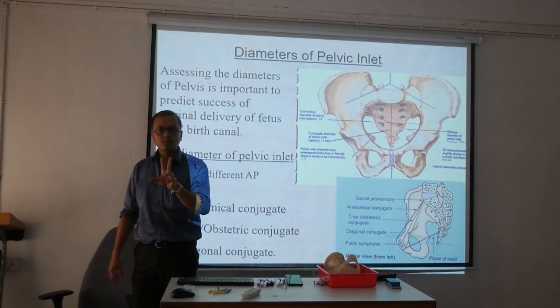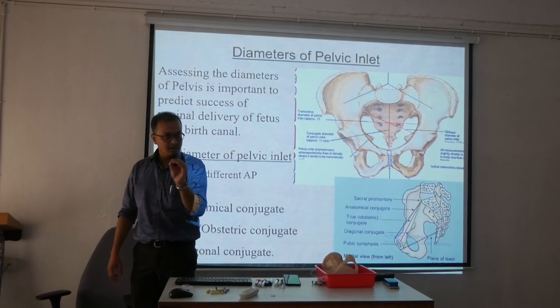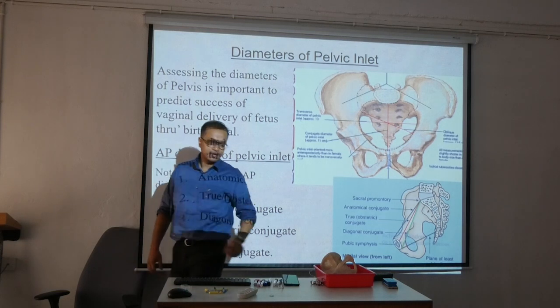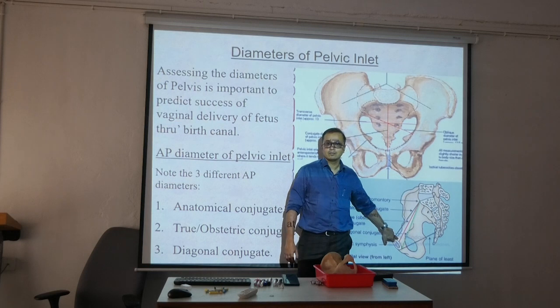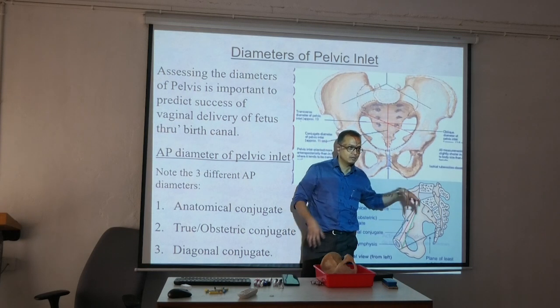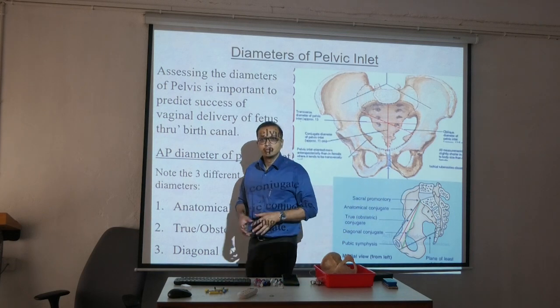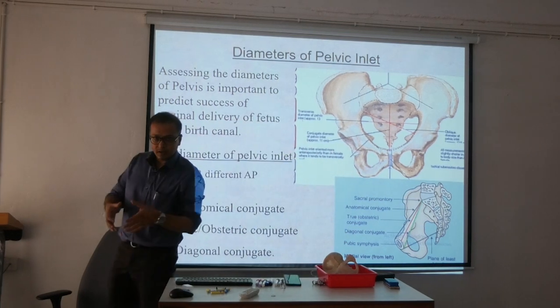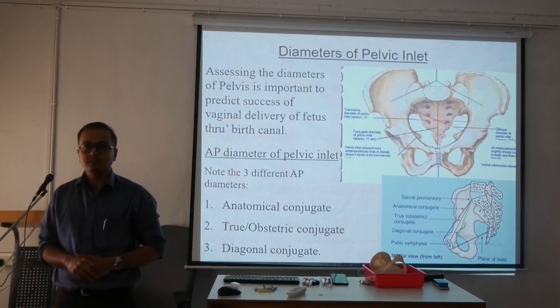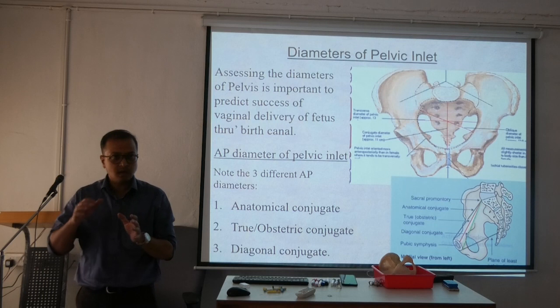Subtracting 1.25 to 1.5 centimeter roughly gives this diameter, which is the red line, the actual line of the fetal passage which that fetus will be getting. If it is more than 9.5, we are letting it happen. If it is not getting 9.5, then we go for cesarean section. This is the concept. This is the understanding.